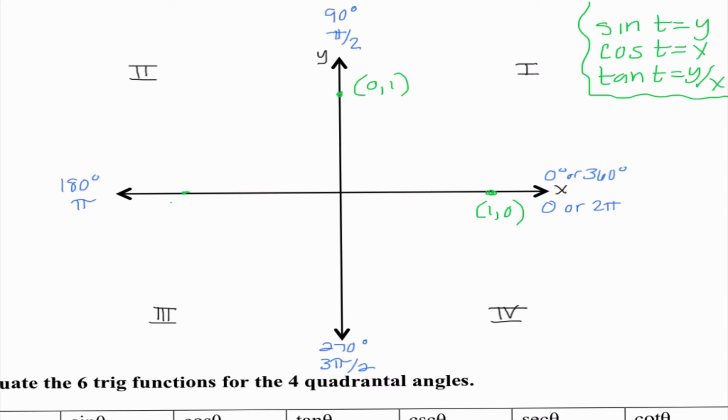At pi, this is negative 1, 0 because I'm moving to the left one. I'm not moving up or down. And then finally, this is 0, negative 1 because we're moving down 1. We're not moving to the right or left at all. So I think the best method is to memorize those 4 ordered pairs or just know logically how to find them and then use these values.